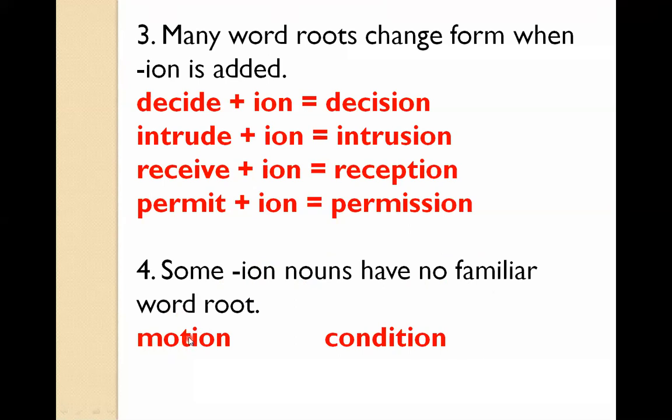Some of your colleagues in 3B asked what is the meaning of familiar: it means not popular to see, not common to see. Most of the time you see it with the suffix ION, motion, but it's not familiar to see MOT alone. Like condition: it's familiar to see condition, but when you delete ION, it's not familiar.